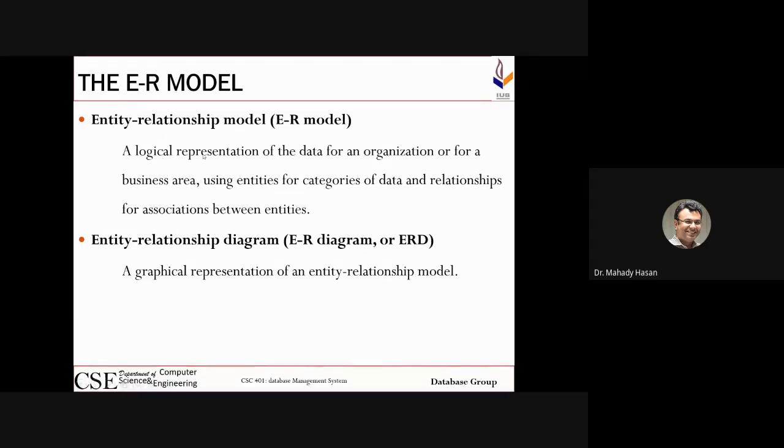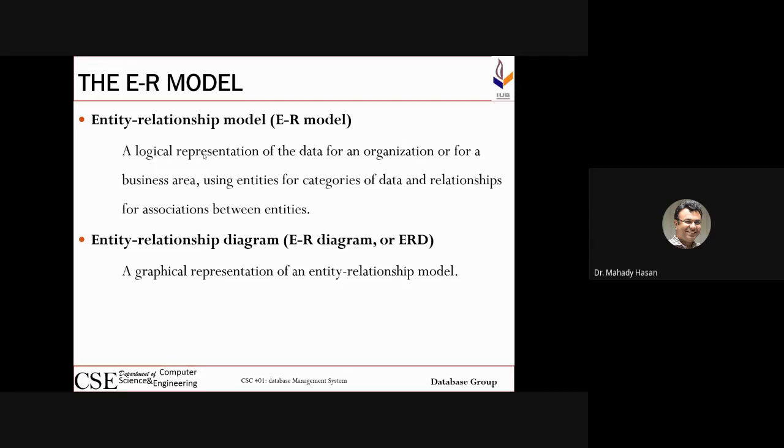So what is entity? Entity is something for which we want to store the data. So if we want to store some data regarding something, that might be our entity.